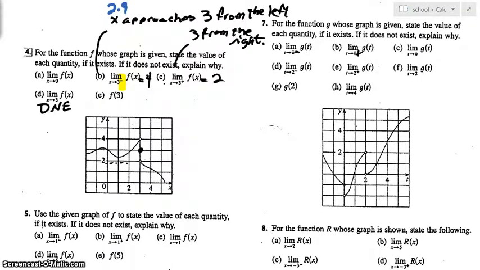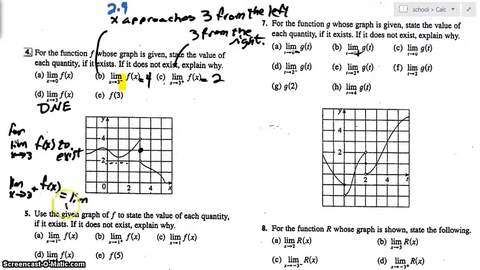The limit as x approaches 3 does not exist, because from the left side we approach 4, and from the right side we approach 2. Very important, and I'll write this over here. For the limit as x approaches 3 of f of x to exist, the limit as x approaches 3 from the right side must equal the limit as x approaches 3 from the left.